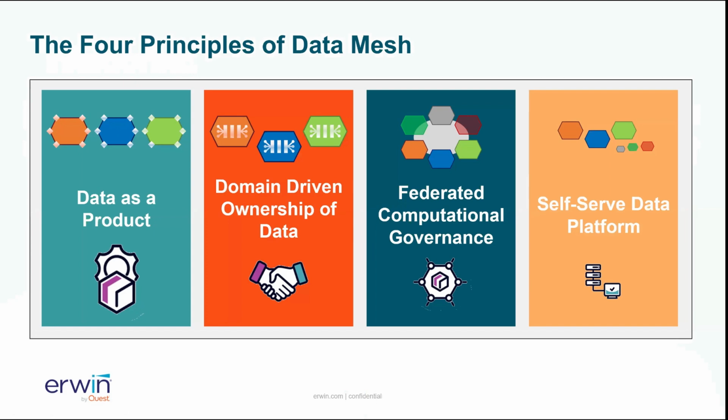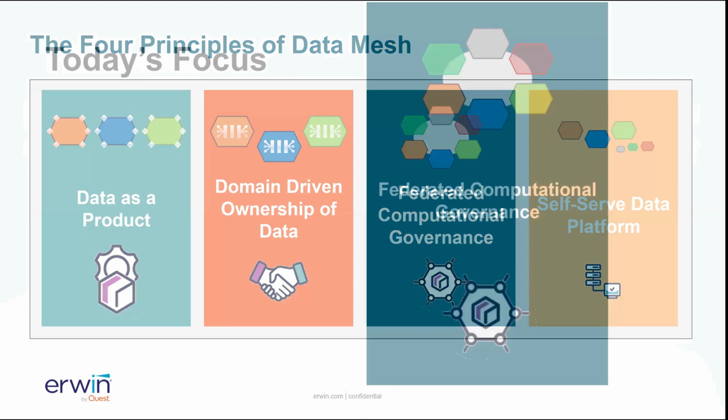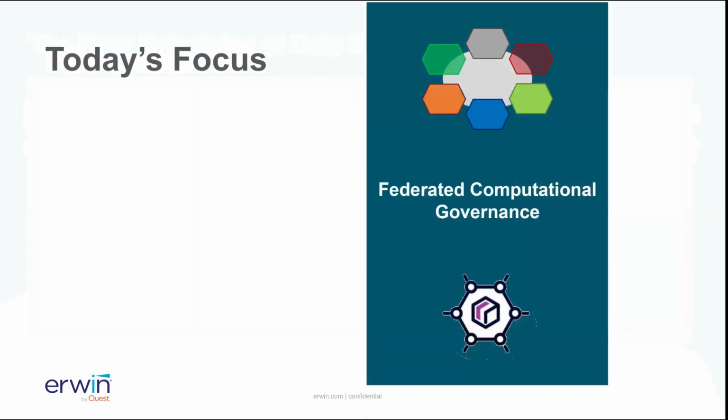And federated computational governance, which is all about how do you stop anarchy from coming in. Given that you've decentralized ownership, how do you have some control and standardization in there that enables what you're trying to achieve. And then finally, self-serve data platforms to make it easier for people to get into using the platform. And today's topic is the federated computational governance space.